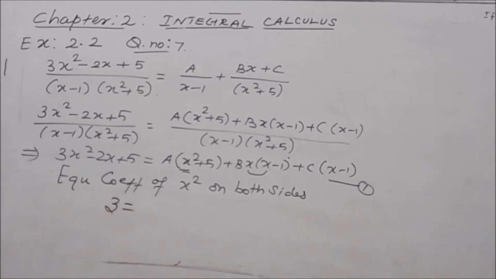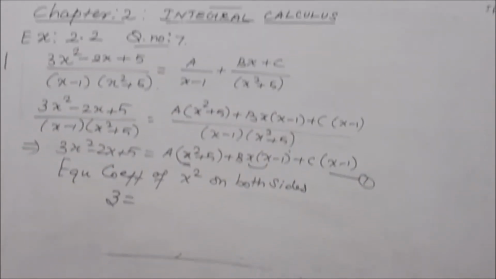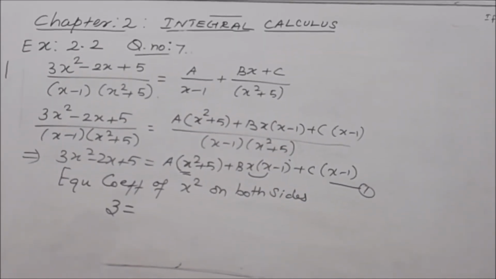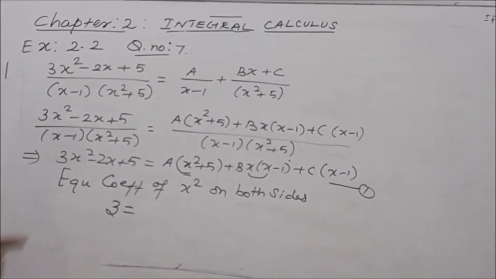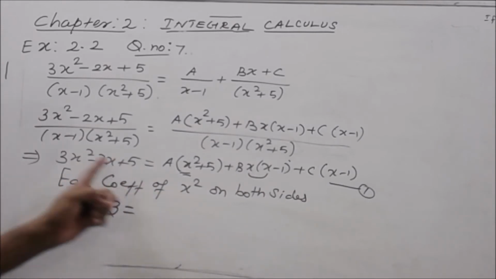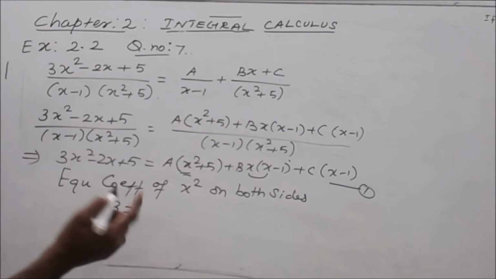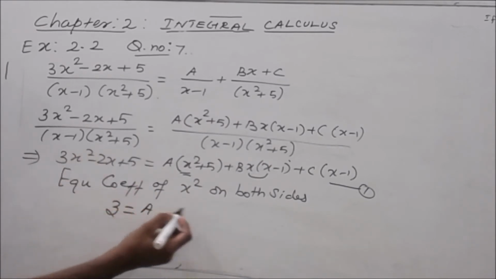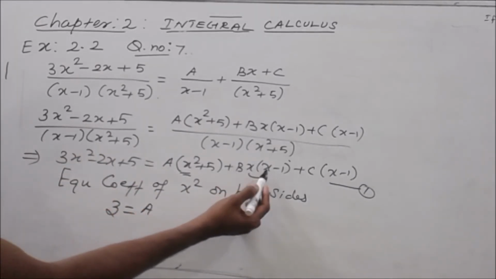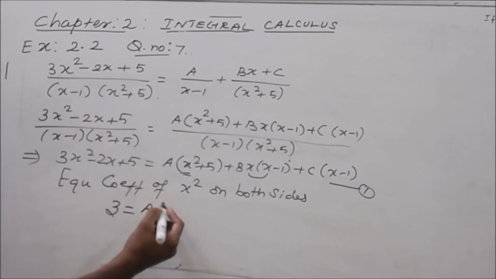On the right side, multiplying a, we have ax², so the coefficient is a, and multiplying bx inside, we have bx², so the coefficient of x² is b.